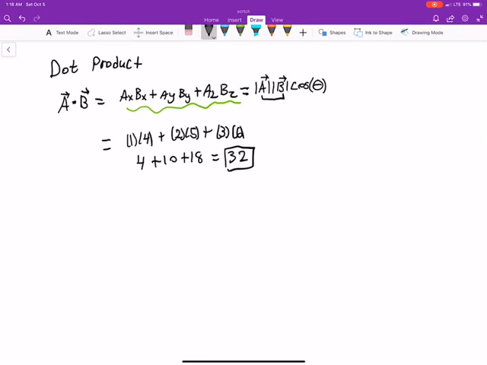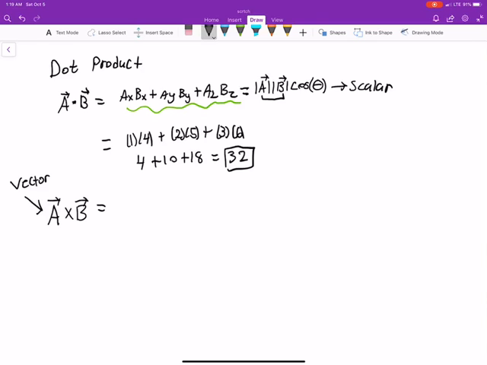The cross product is another way of multiplying vectors. But this one, unlike the dot product which is a scalar, just a number, spits out another vector, so that's one of the two differences.